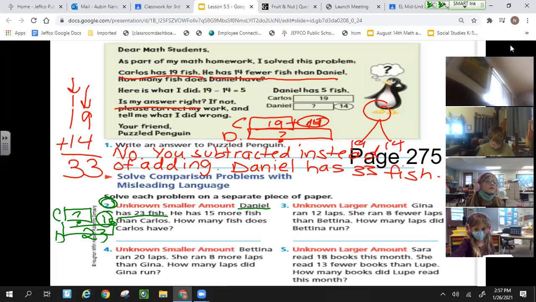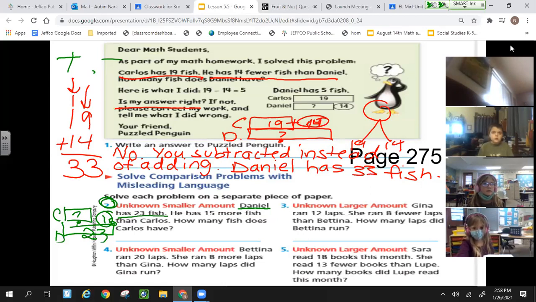So with comparison bars, we're either adding or subtracting, right? They're not used for multiplication and division. So you guys can get rid of the idea of multiplying or dividing with these problems with the comparison bar.